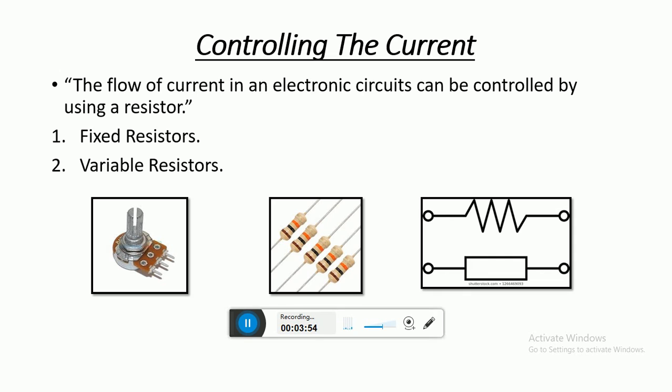In this case, more current flows through the circuit, and when it is 0, the resistance would be the maximum, that is infinite resistance. Similarly, when we move from 5 to 4, 4 to 3, 3 to 2, then 1, that increases the resistance and decreases the current in a circuit.